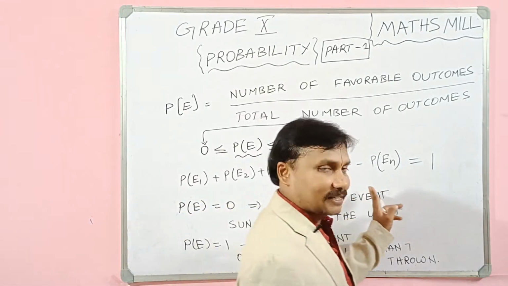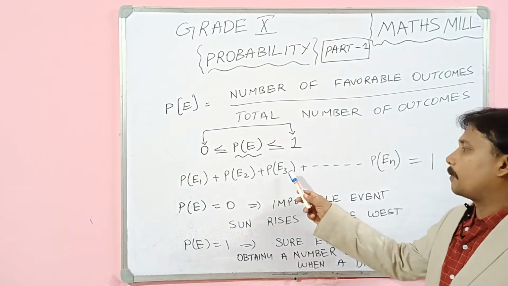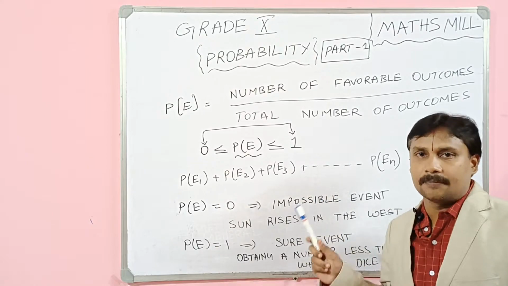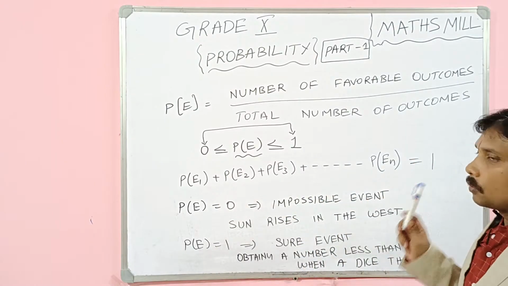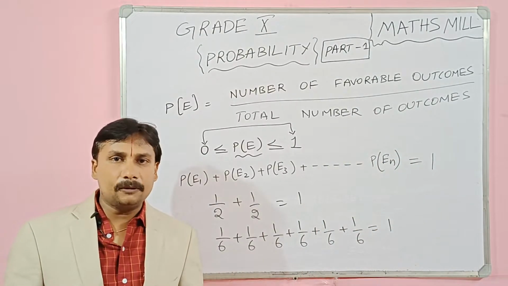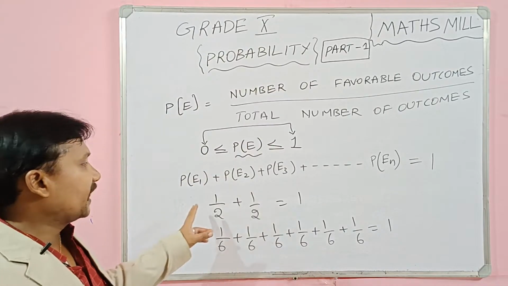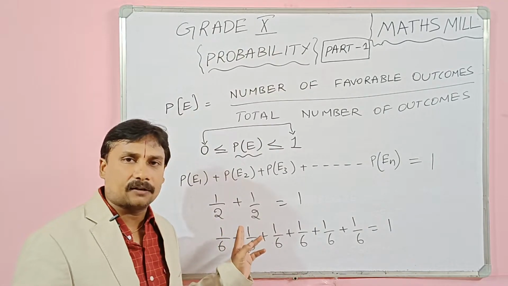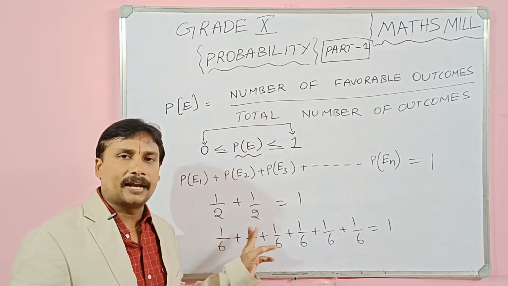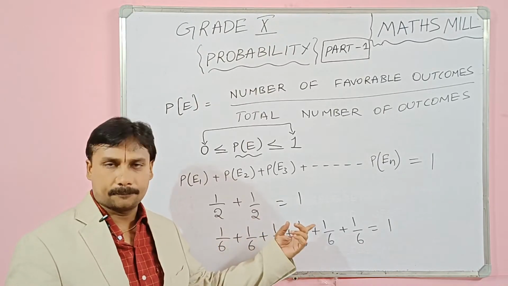Followed by this, one more point we have to keep in mind. The sum of the probabilities of all events in the same experiment is always equal to 1. For example, when we flip a coin, getting head is half, getting tail is half, and half plus half is 1.